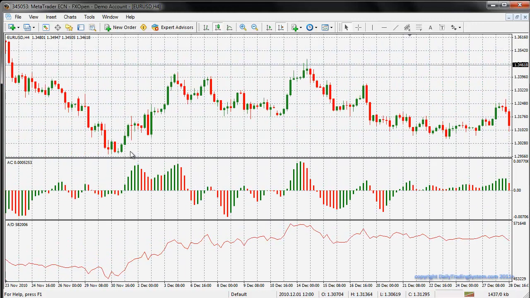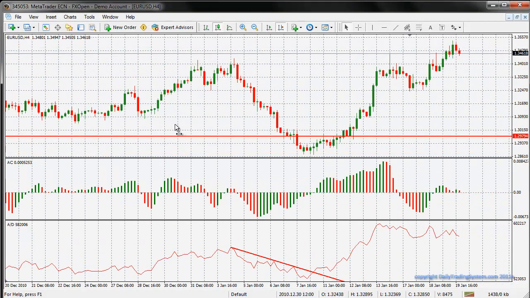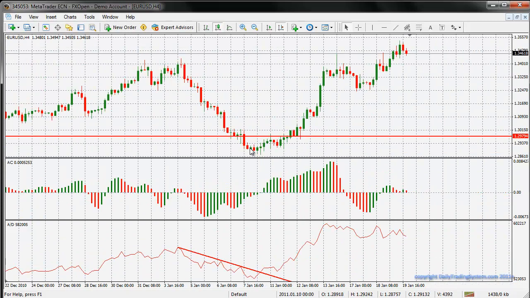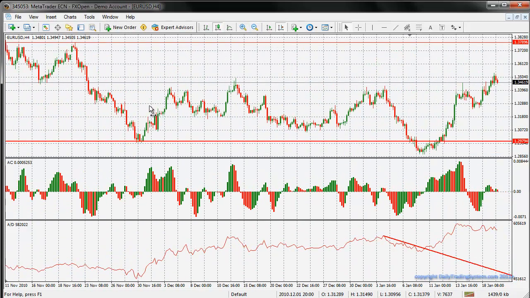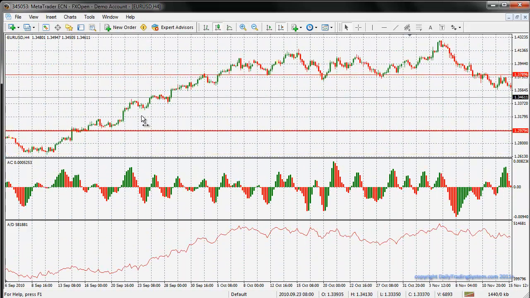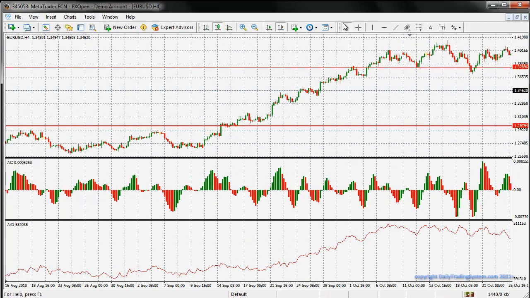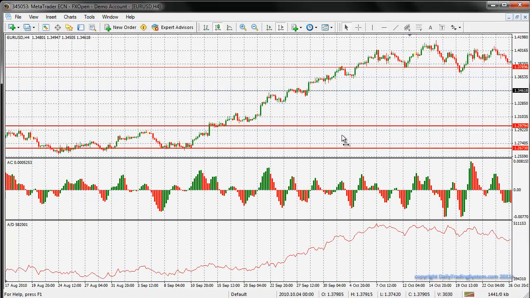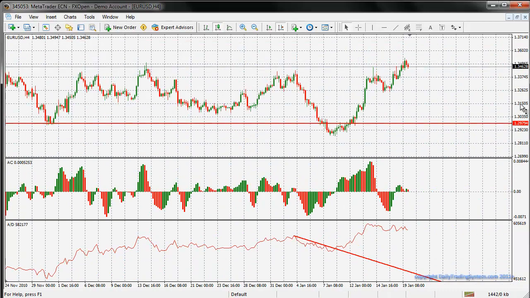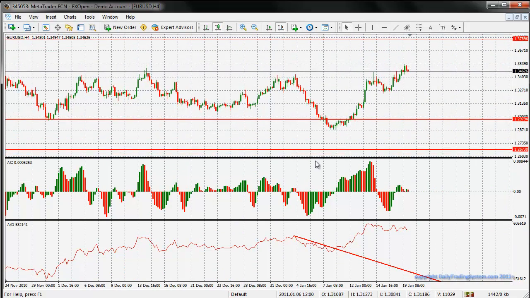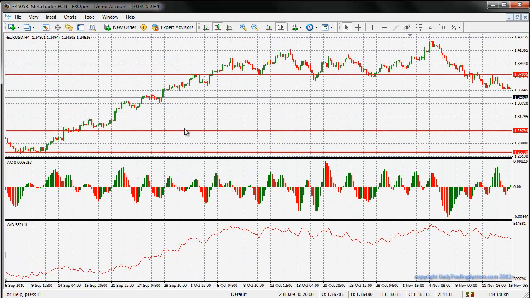Let's scroll back a little bit. Here is the first bottom that we had. This one did penetrate the bottom a little bit, so let's zoom out a little bit more so we can see some more information. And here is another bottom, another support level, and that one didn't actually hit.